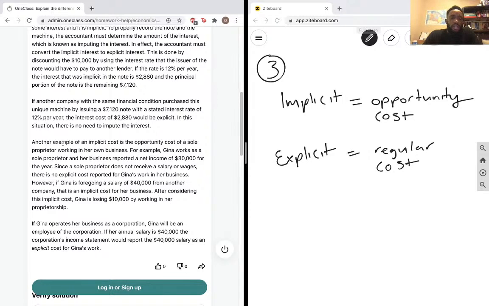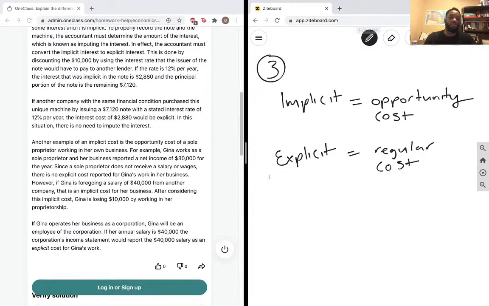Another implicit cost is the opportunity cost of a sole proprietor working in her own business. So if Gina was working in her own business, her implicit cost would be whatever she could have done instead of working for her own business. So if she worked for a corporation, that $40,000 would be reported as an implicit cost. So basically, the implicit cost is just the opportunity cost.